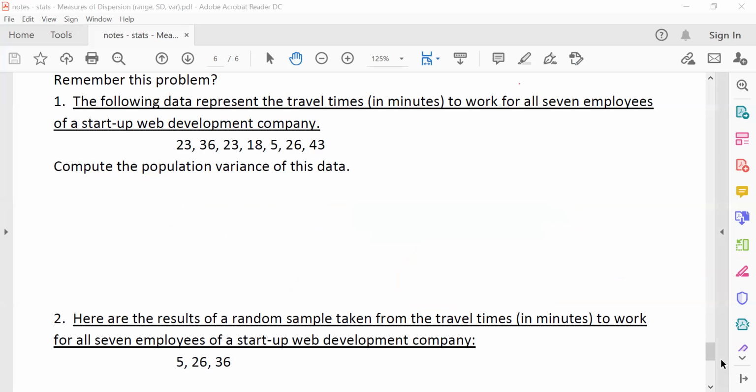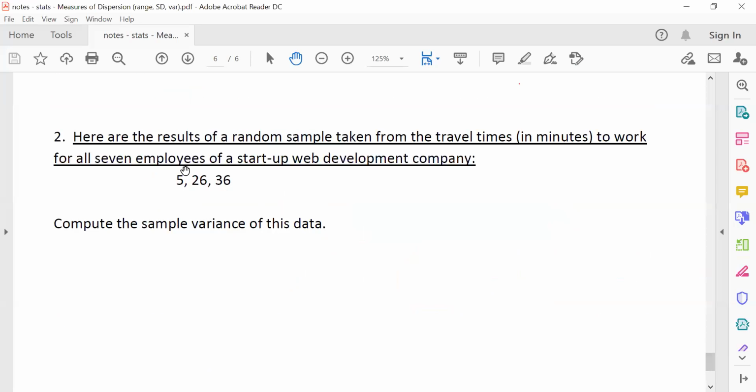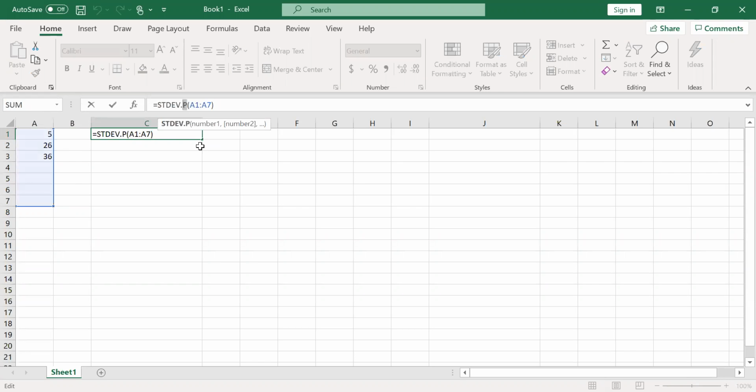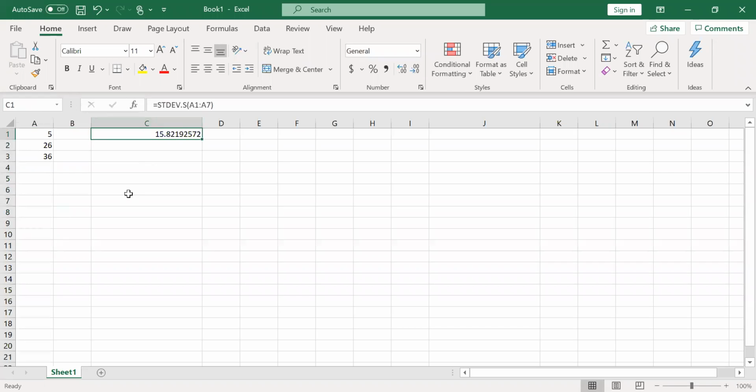Now we scroll down a little bit. If we have just a sample of these three things, let's compute the sample variance of these three data: 5, 26, and 36. The sample standard deviation was about 15.82, if you'll remember. But we want the variance.